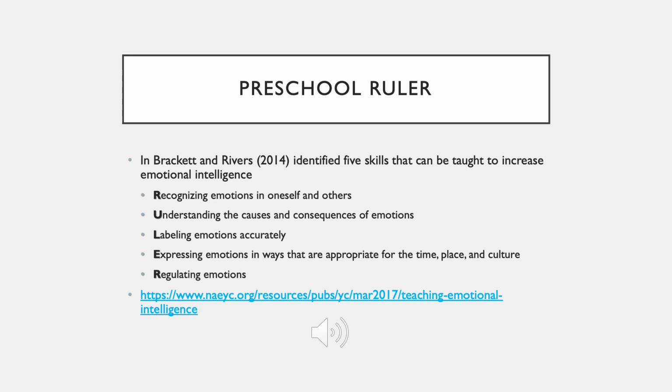And labeling emotions accurately. I discussed earlier how we have complex emotions, and we're not just happy or sad. We have different types of descriptive language that we can use to label our emotions accurately, because you might be crying and feeling alone, but you might not be sad. You might be feeling discombobulated or distressed, or lonely.